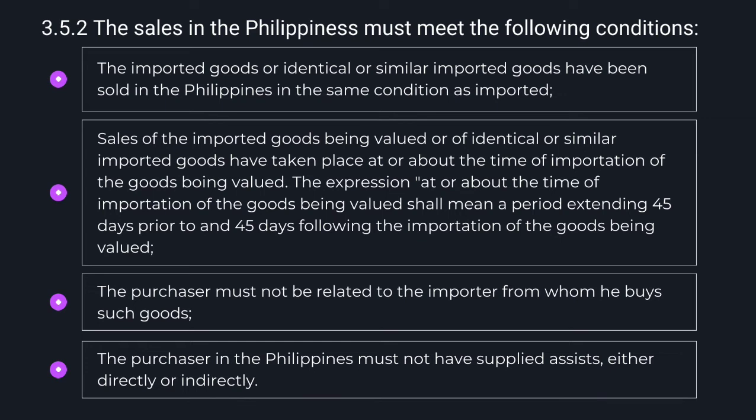So the deductive value shall be based on the unit price at which the imported goods or identical or similar imported goods are sold in the Philippines, in the same condition as when imported, in the greatest aggregate quantity, at or near the time of the importation of the goods being valued, to persons who are not related to the persons from whom they buy such goods.